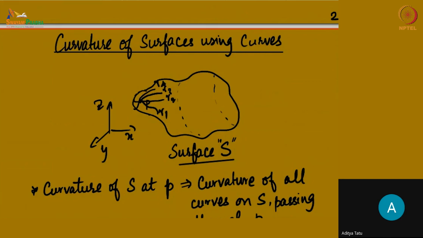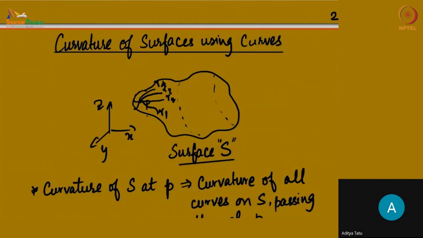Each of the curves, we already know how to measure its curvature. So can I use this collection of curvatures in order to capture how curved the surface is at that point P? I forgot to mention that curvature, even for a surface, is a local property.